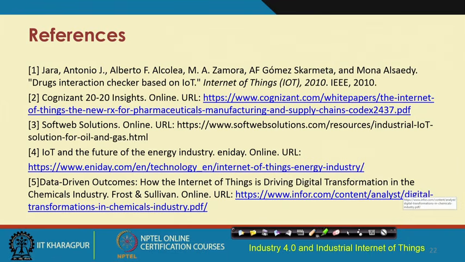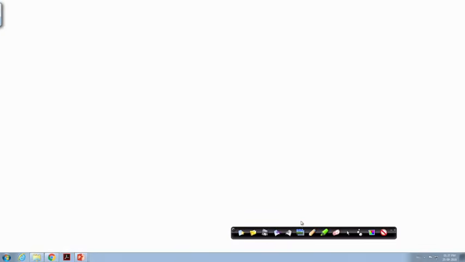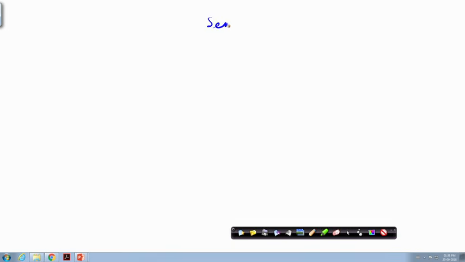Before I end, I would like to list these different types of sensors that we are going to use in the pharmaceutical industry. So, first of all, let us say that a pharmaceutical industry makes certain drugs, right.